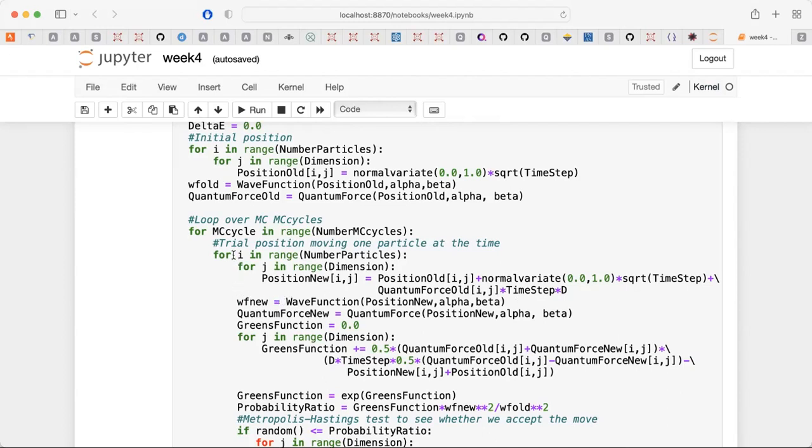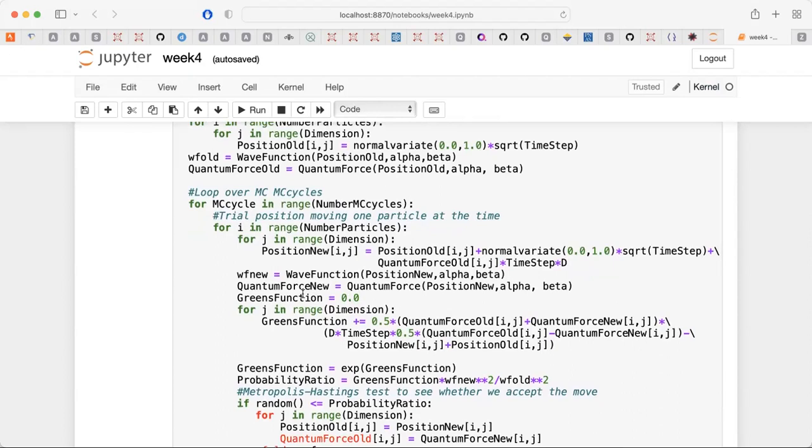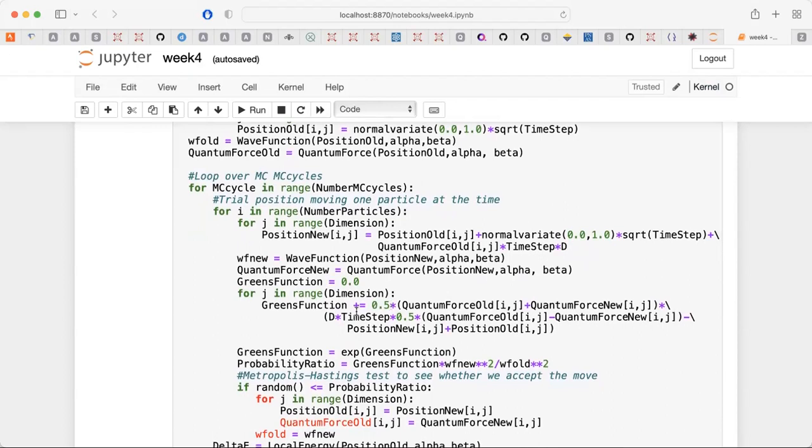And you see now that if you look at the outer loop here, I'm running over the number of particles. So then I calculate this Green's function. I look at the dimensionalities. And now I'm taking the arguments for the Green's function, or this transition probability, in the numerator and the denominator.